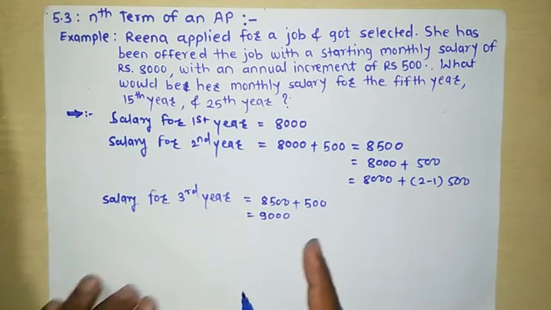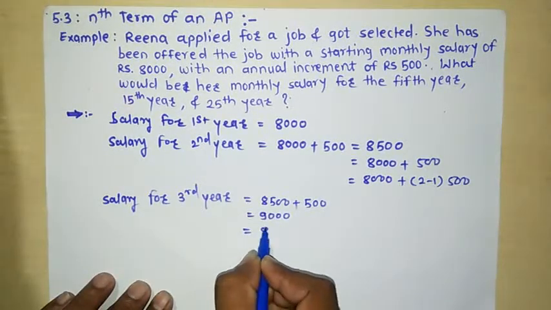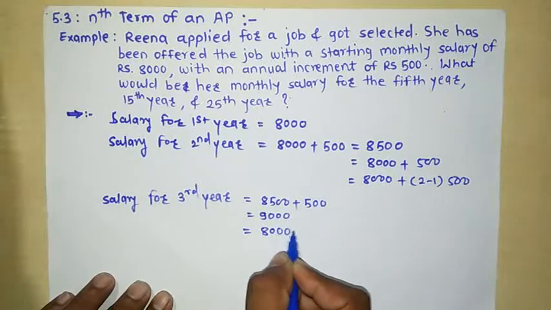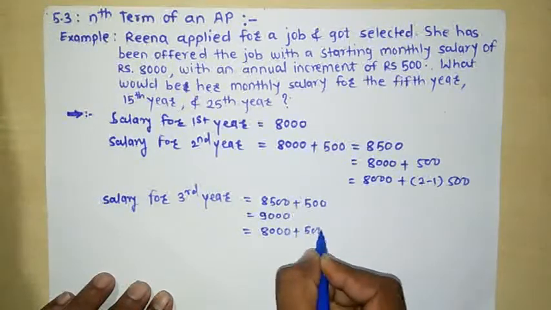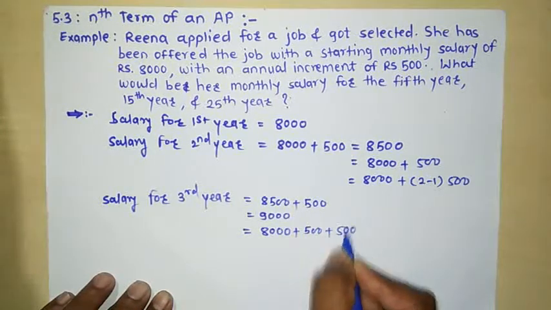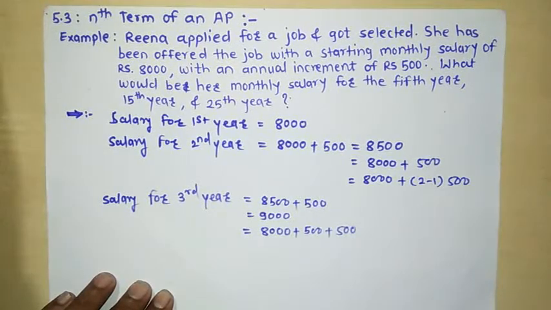This 9,000 can also be written as 8,000 plus 500 plus 500. Like this we can also write 9,000.